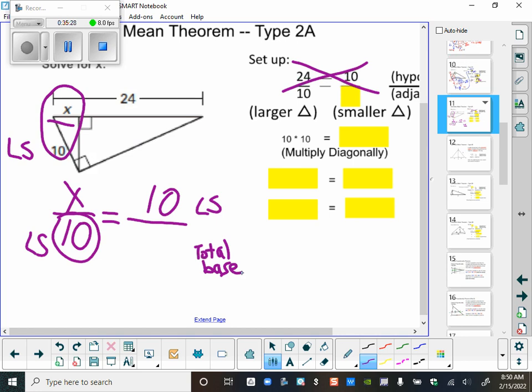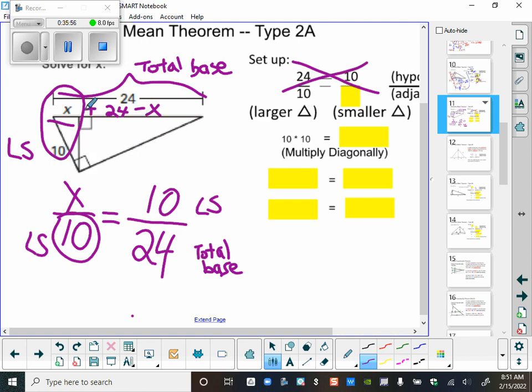Who can tell us what is that total base? It is 24. You actually had it. This is your total base. Boom. There's your total base. You have X, but you have to take 24 minus X. However, if you add, what's X plus negative X?